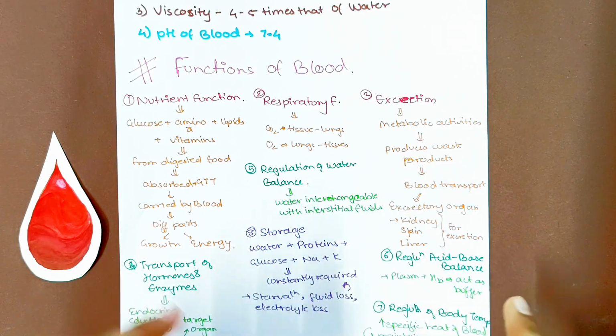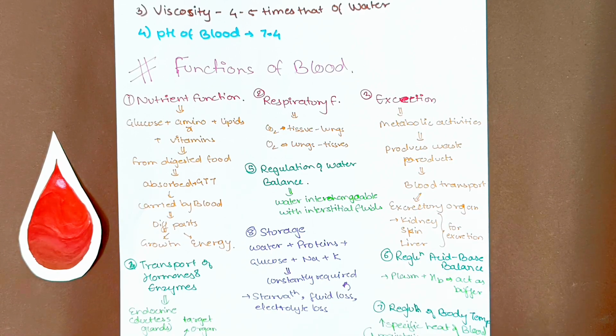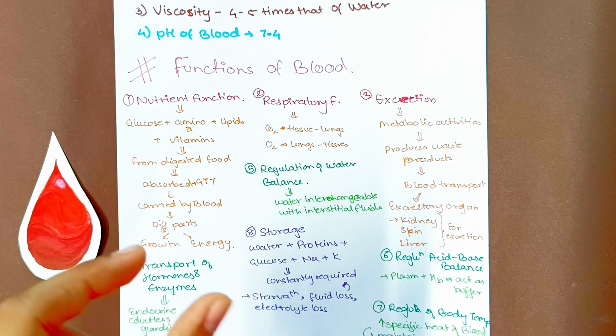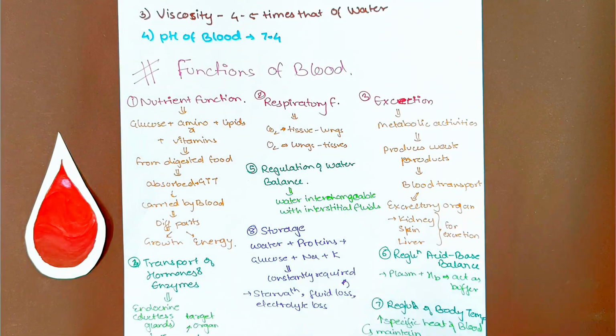Now, regulation of acid base balance. Acid base homeostasis is very important because imbalance can lead to pH changes. It is very important for the normal regulation of physiological processes that we carry out for cell metabolism and various other functions. Plasma and hemoglobin are two components which act as buffers.